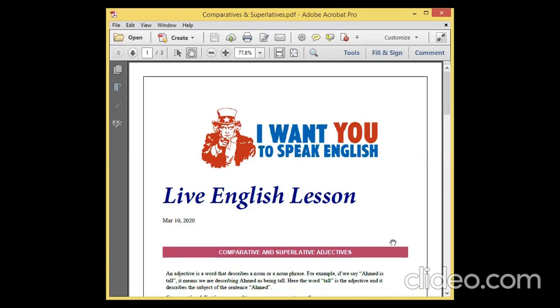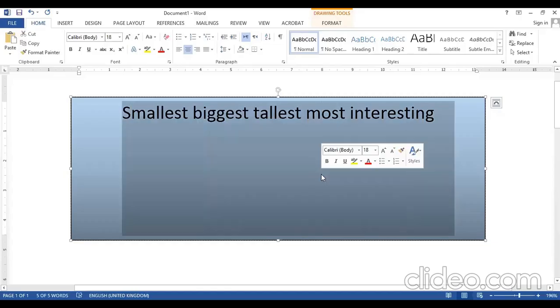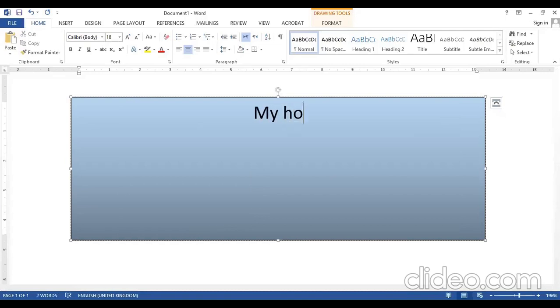If we write such a sentence, my house is larger yours, this is an incorrect sentence. Why? Because we should put the word than after the comparative adjective.